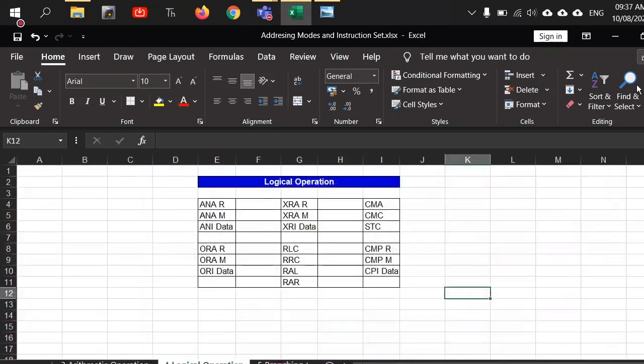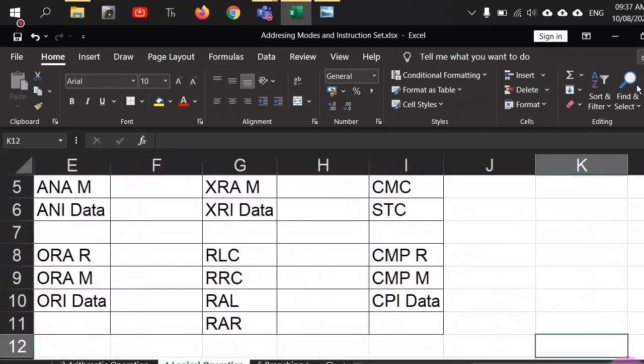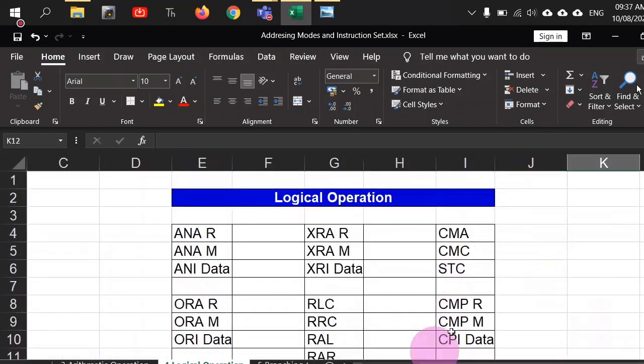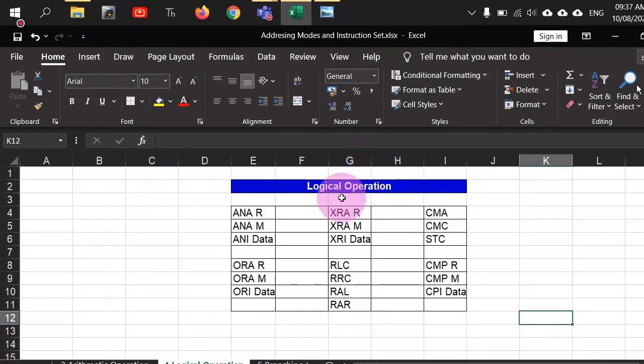Now let's come to logical operations. Logical operations means AND, OR, NOT. You are already aware of these operations, so we will just discuss what is available in 8085. In 8085, the AND operation is available by the name of these cousin commands.